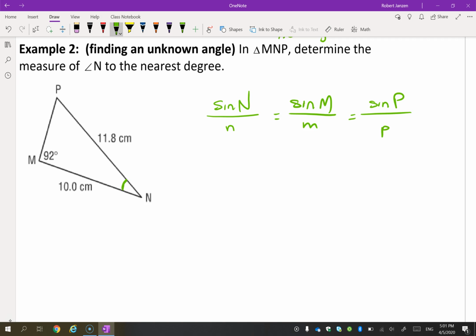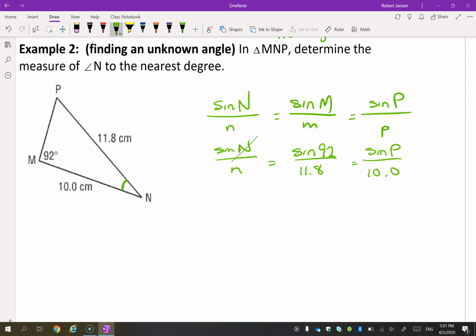You don't know angle N or side N. You know M, the angle is 92 and the side is 11.8. And you don't know angle P, but I know side P.